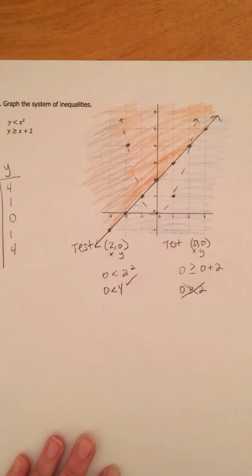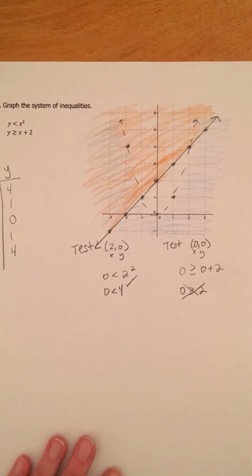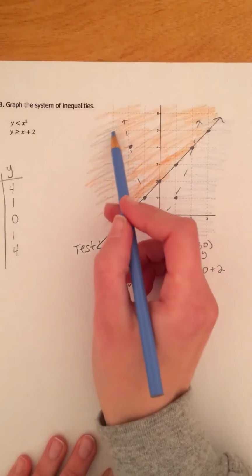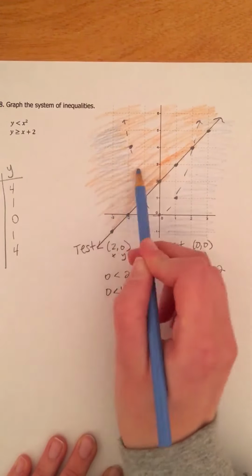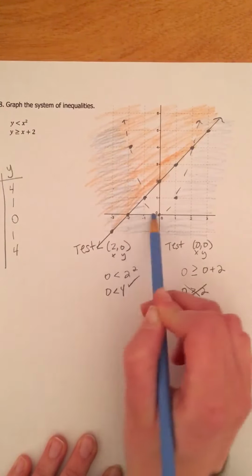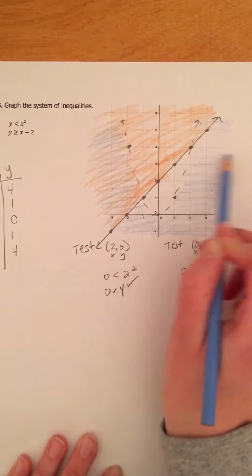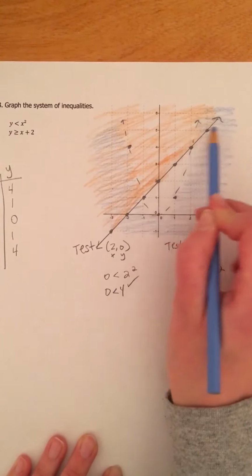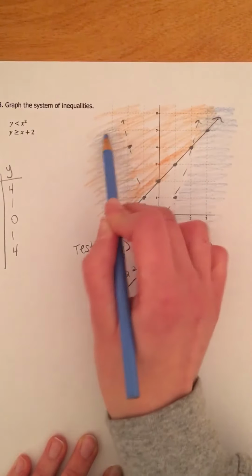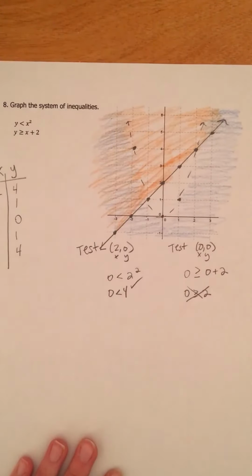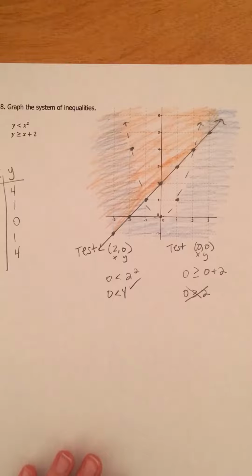So the area where both of my shadings cross, if I go over in the blue a little bit darker where it was, which was the outside of the parabola, you can see where they cross. It's actually in 2 spots.